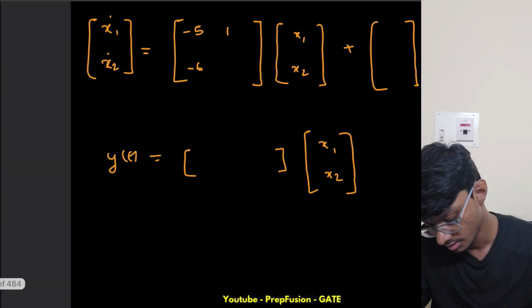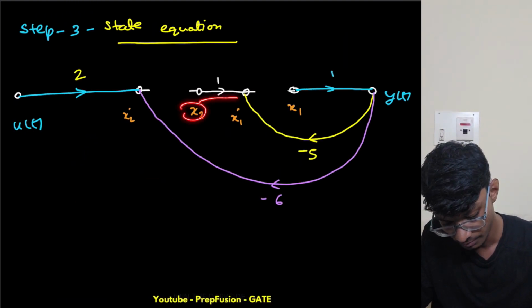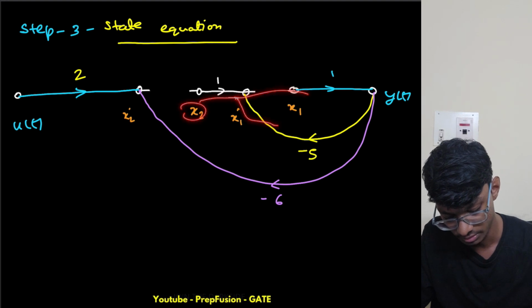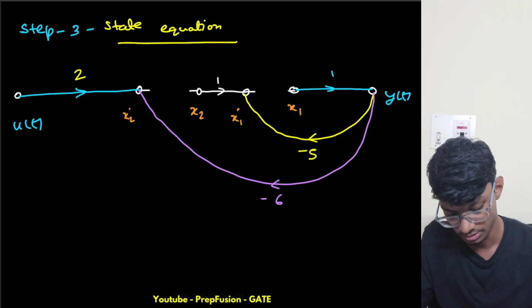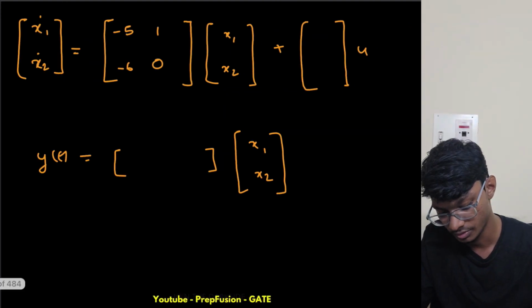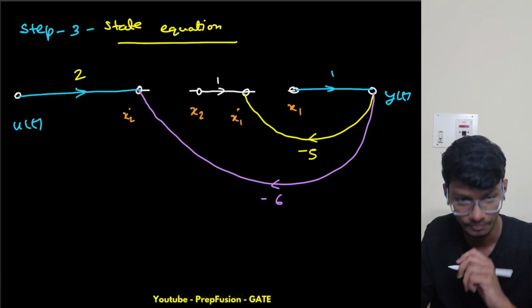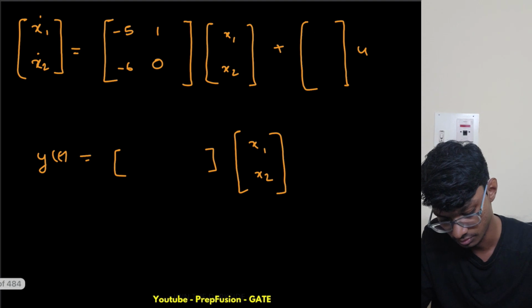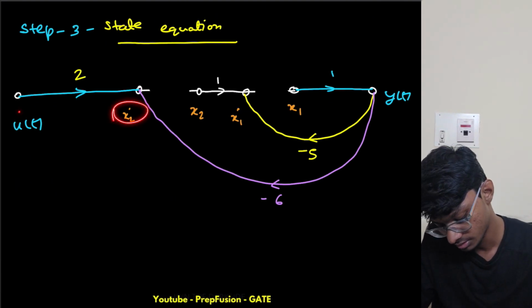Then I have x2, but I don't have any forward path. This is open and this is in the opposite of the flow, so this is 0 with respect to x2. Now with u, x1 dot is not connected with u, so it will be 0 for x1 dot. For x2 dot it is 2 times u.